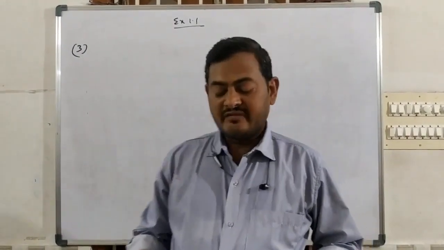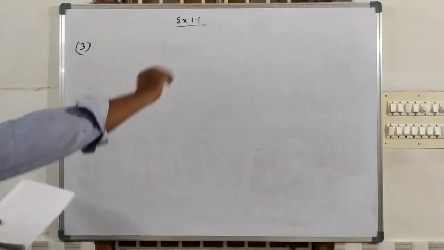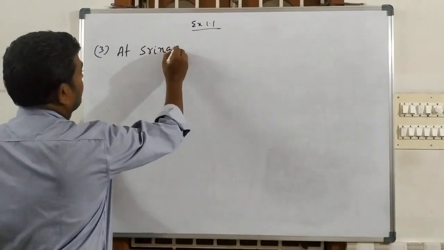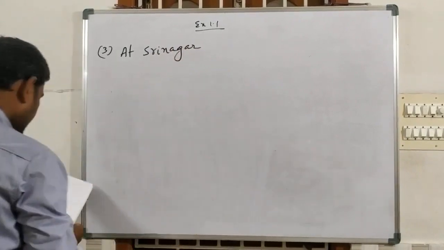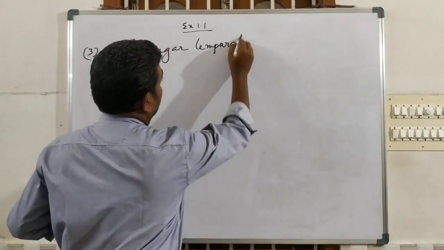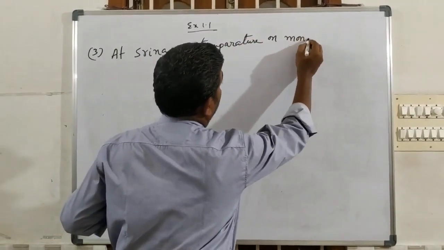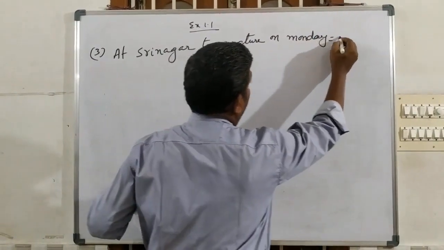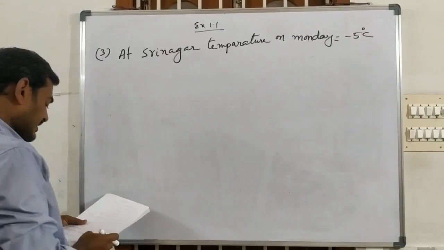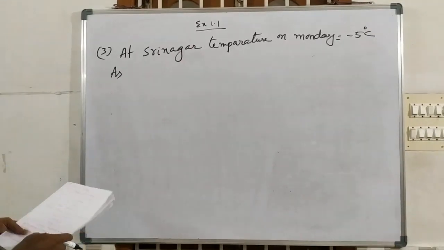So first, what have they given? At Srinagar, the temperature on Monday is equal to minus 5 degrees Celsius.